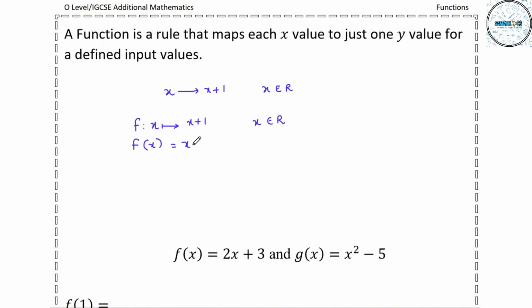You must know both ways of writing this function, because sometimes it will be given in this form and sometimes in this form. And we read it as the function f such that x is mapped to x plus 1.